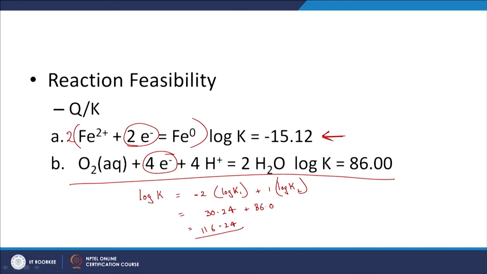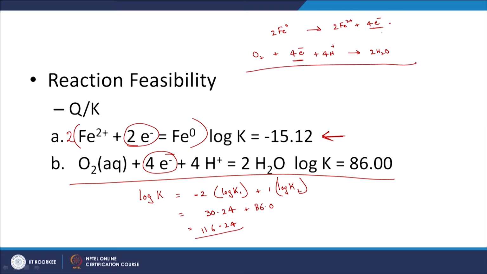And what is the overall reaction? Let us write that down here. Oxygen plus 4 electrons plus 4 H+ goes to 2 H2O, and we are swapping the other reaction and multiplying it by 2, so 2 Fe goes to 2 Fe2+ plus 4 electrons. Here we are looking at oxidation of iron. That is why I am swapping this reaction and multiplying it by 2, because I want to balance the electron transfer.